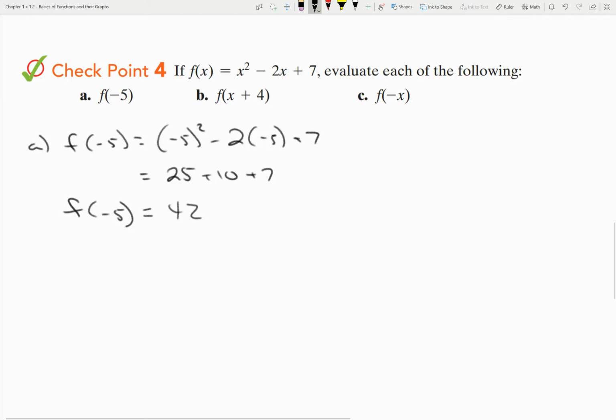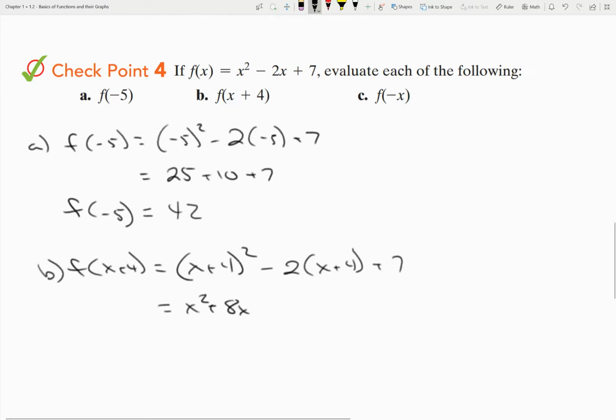That's part A. Part B, f of x plus 4. Similarly, we are going to square x plus 4, minus 2 times x plus 4, plus 7. X plus 4 squared gives me x squared. Don't forget the middle term, 8x plus 16 minus 2x minus 8 plus 7.